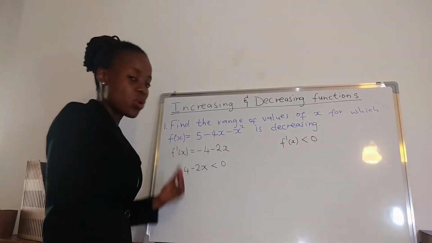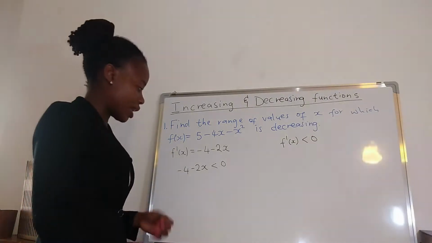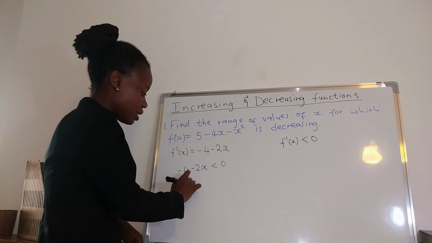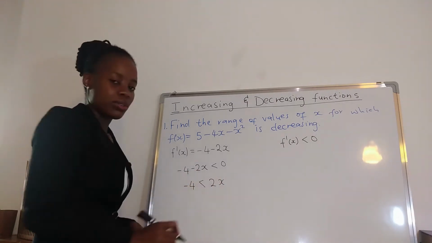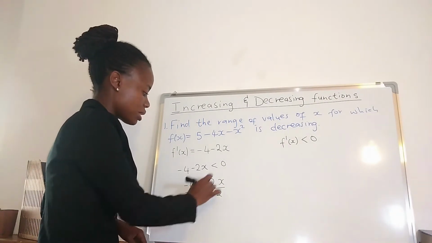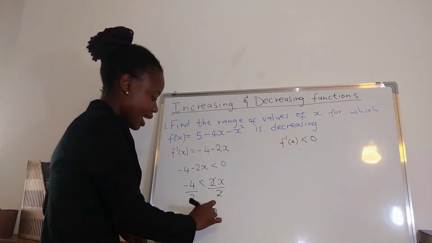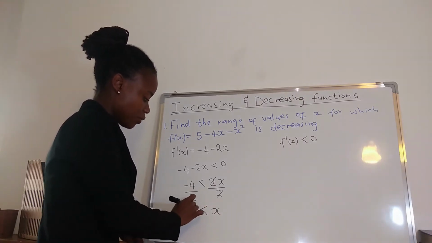Okay, now let's find our x. Now we are going to solve for x. We have negative 4 is less than 2x, right? We divide by 2 both sides, and x is supposed to be greater than negative 2.